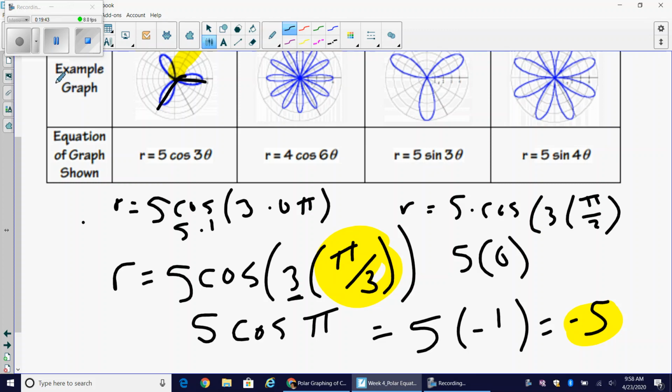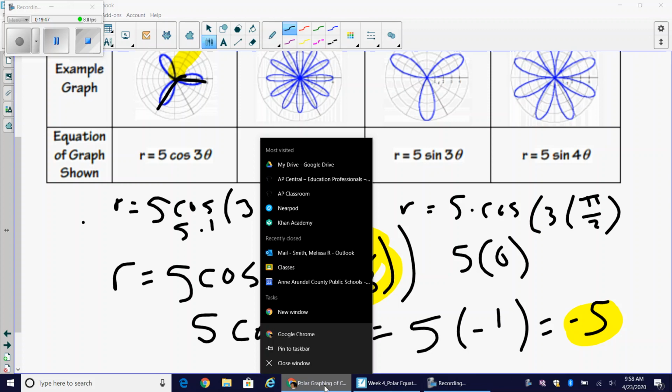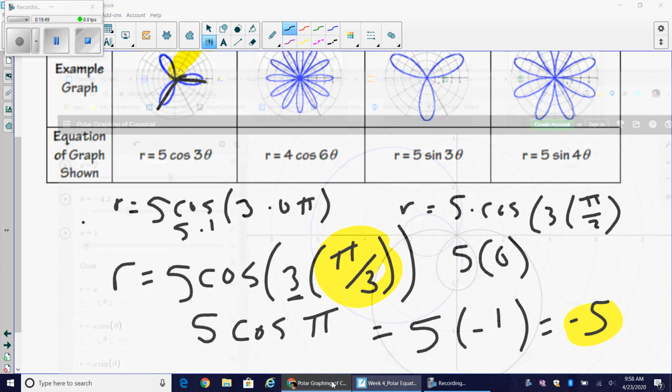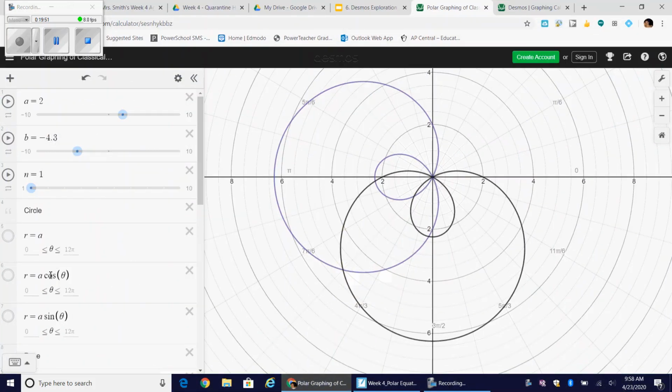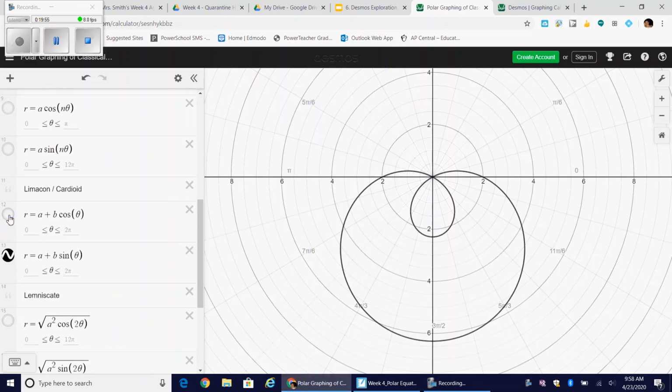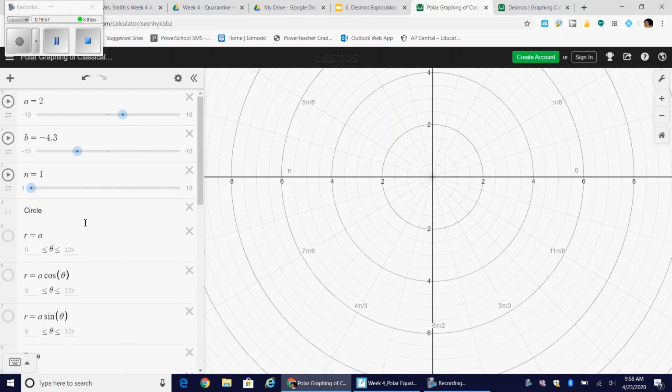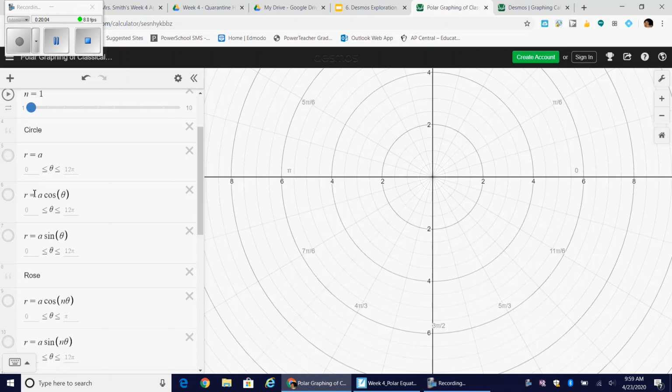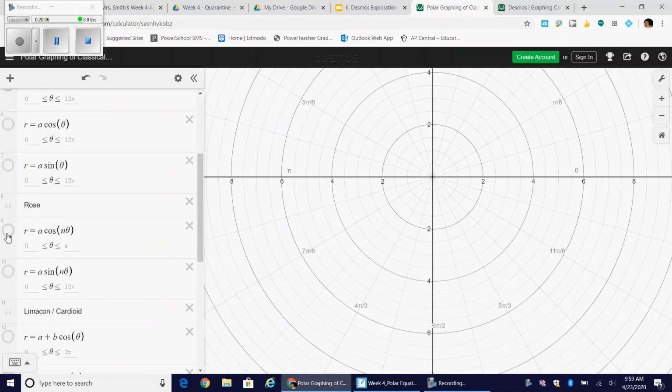Okay, so let's do some exploring on Desmos with our roses. I'm going to click off our cardioids. Okay. And now I'm working with an A and an N value. So let's go to our roses down here.